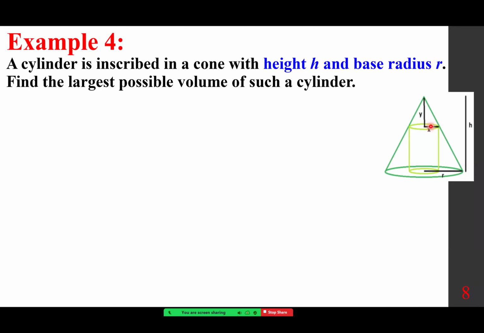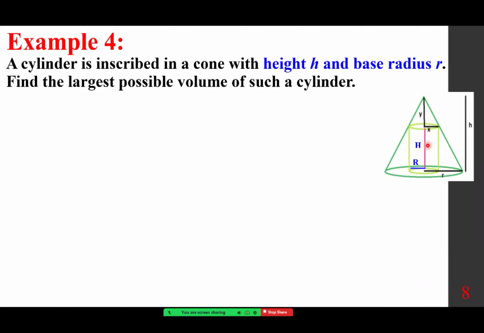And if we call this distance x, which is the radius for the cylindrical shape, and the distance from here to the top we call y. Remember that this cylindrical shape has a radius here, let's say capital R, and the red one is the height.